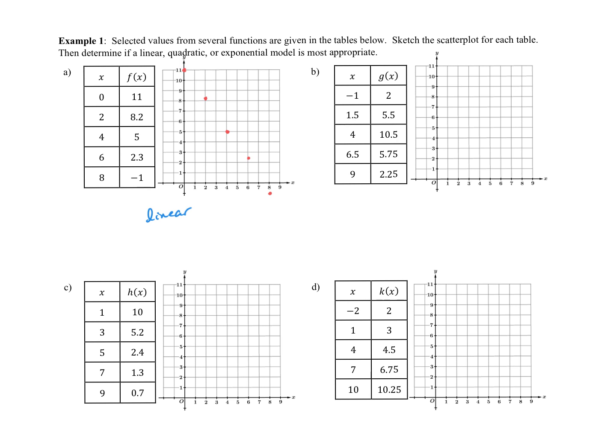Let's look at part B now. We're going to plot these as well. We plot negative 1, 2, and then 1.5 and 5.5, 4 and 10.5, and then 6.5 and 5.75, 9 and 2.5. On this one, what might it be?